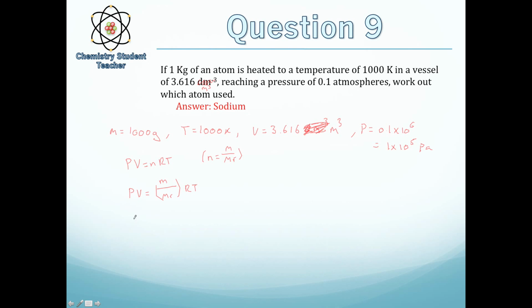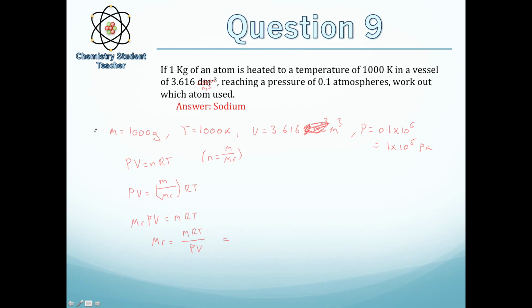So we can times through by mR first. So mR times by P times by V equals mass times R times T. All we've done is just times the mR over there. Then we can divide through by PV. So we've got mR equals little m RT over PV.